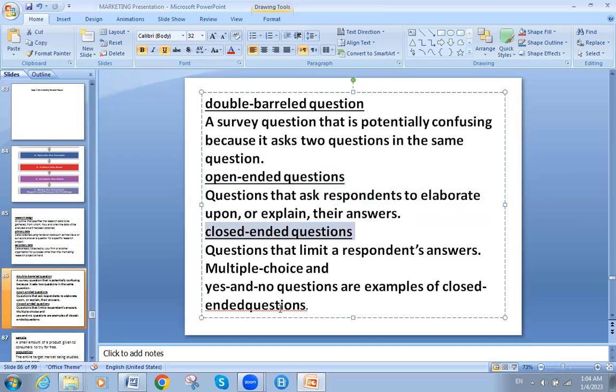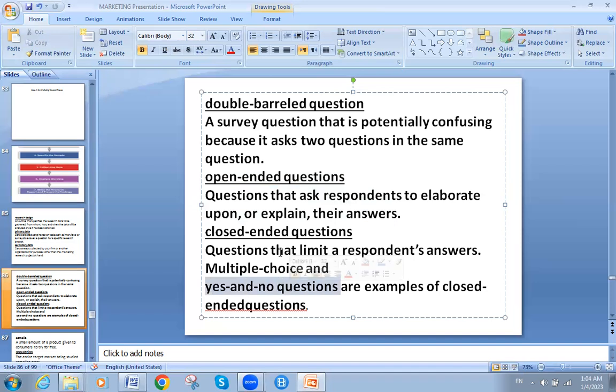Closed-ended questions are questions like multiple choice questions. With this kind of question, you don't leave the respondent a chance to explain what he wants, either emotions or ideas, because you give him options and he has to choose one of them, like in multiple choice questions.